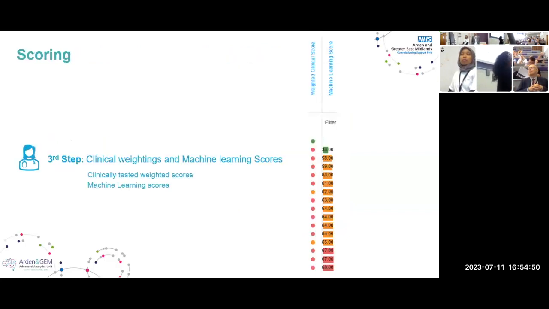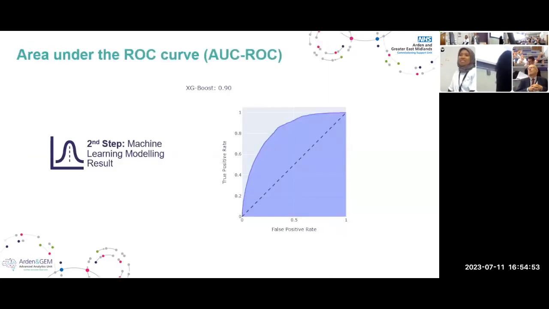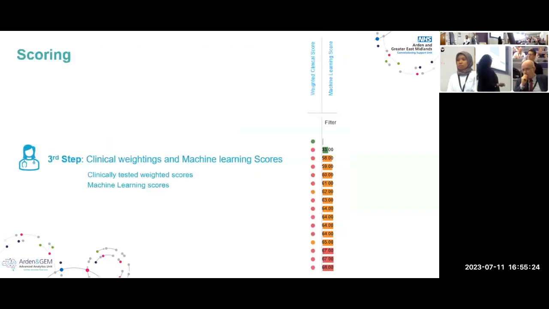So it looks at patients who have been prescribed social prescribing, and the algorithm correctly predicted that they were prescribed social prescribing, and it compares that to the false positives, which are patients who were not referred to social prescribing, but the algorithm incorrectly predicts that they were referred to social prescribing. So it compares those two values to give you this graphic, but also gives us the result of 0.9, which was the best one out of our algorithms.